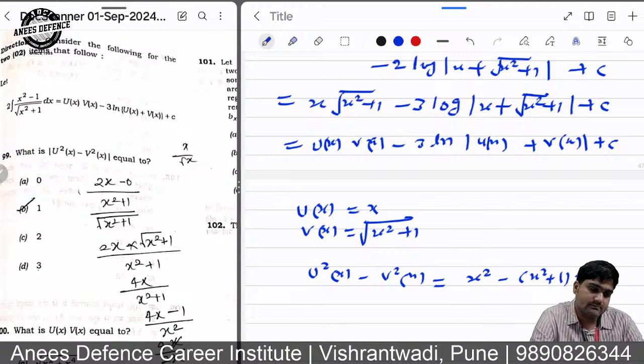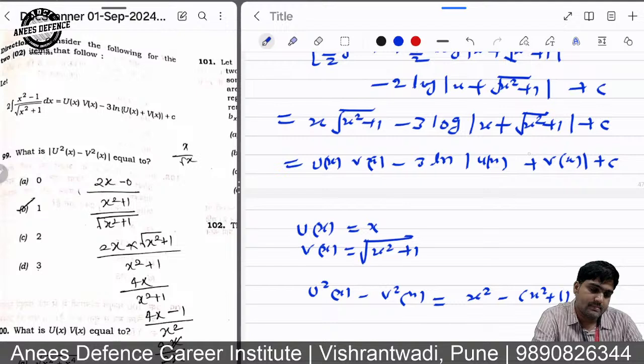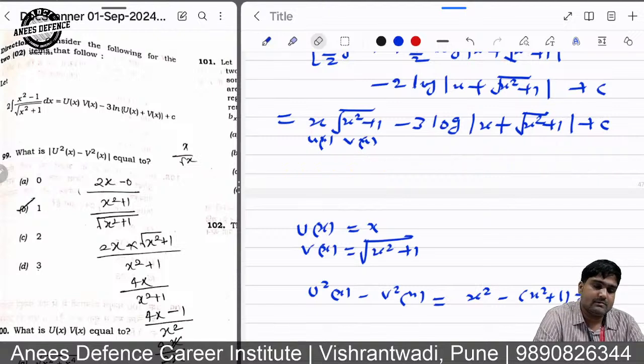Just a second. Okay, we can alter the functions. This is v(x) and this is u(x). So it gives plus 1. This could be either way; it depends on which you consider u(x) and which v(x).